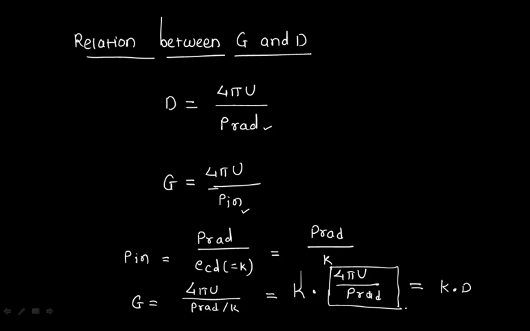So if I write here in a proper manner, my gain depends on the directivity, but it must be multiplied with the efficiency of that particular antenna. Okay, so antenna reference terminals you have taken. So consider maximum directivity, that is D0, then G is also maximum.